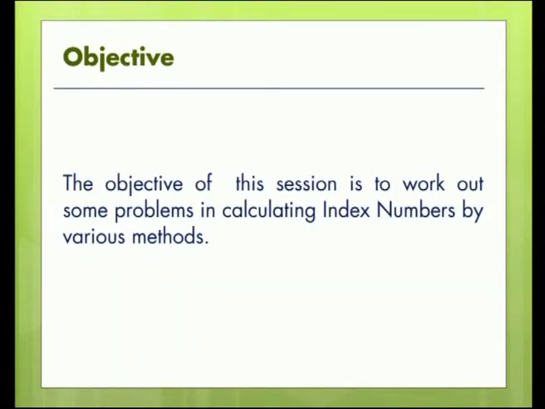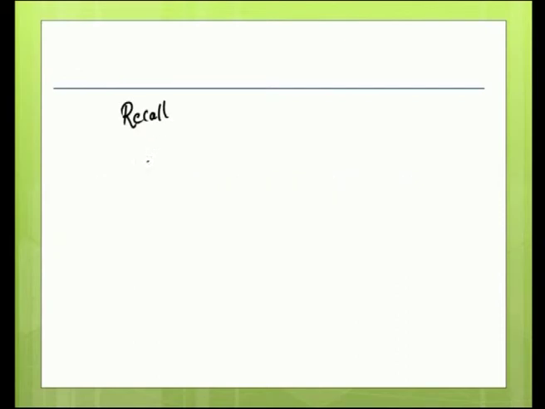So, just a recall before we get into the exact session. The objective of this session is to work out some problems in calculating index numbers by various methods. Recall the methods we studied.